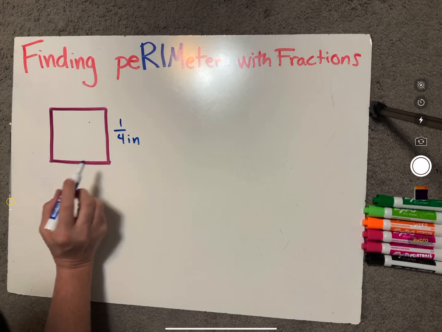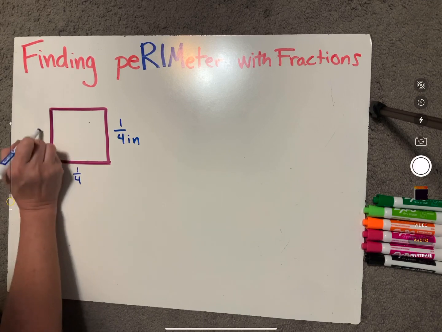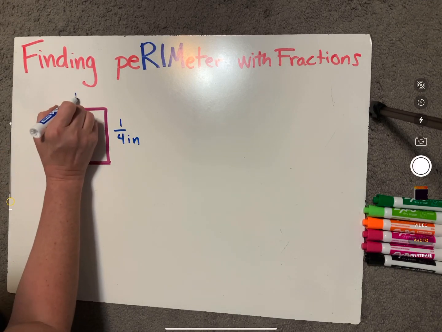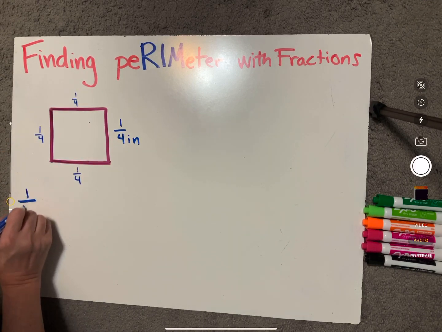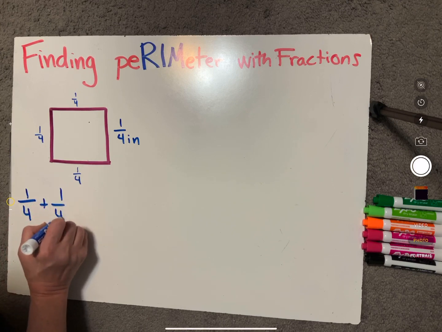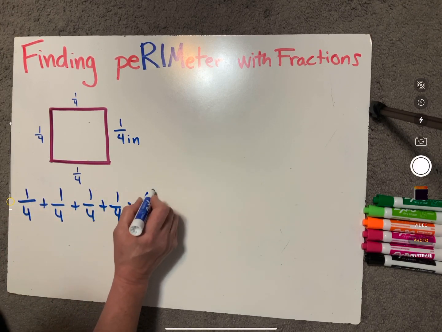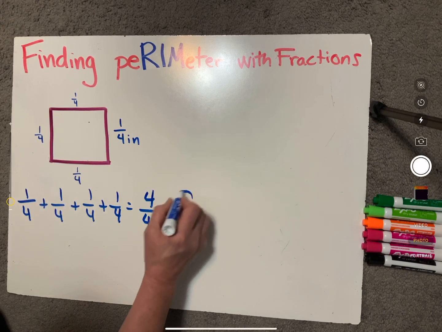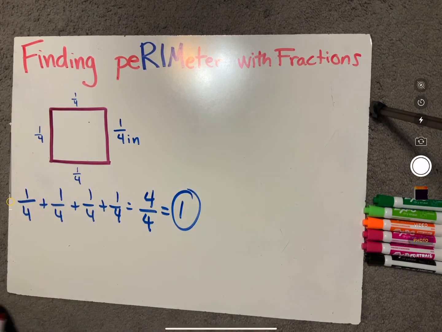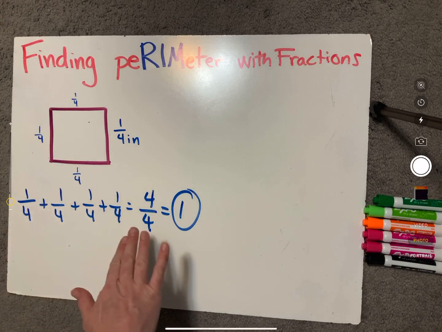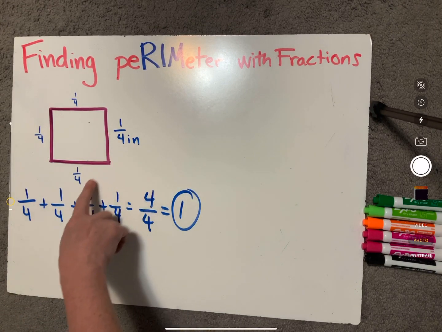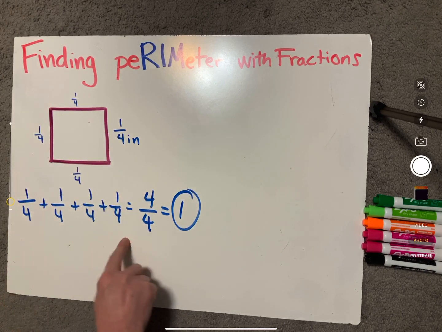So this is 1/4, this side is 1/4, this side is 1/4, this side is 1/4. So 1/4 plus 1/4 plus 1/4 plus 1/4 is going to equal 4/4 or 1 whole. So when you have a shape like that, you're going to want to make sure that you are adding the sides up, knowing that each one of these sides is equal. The fraction is going to be the same.